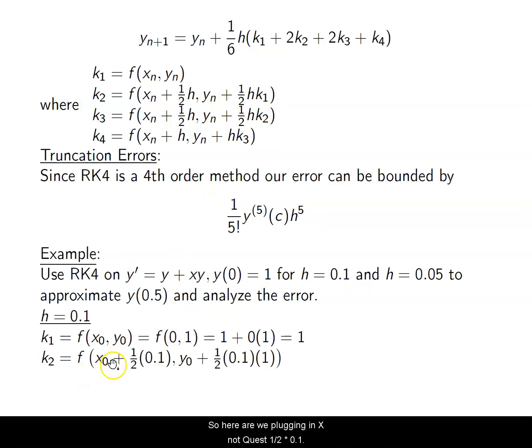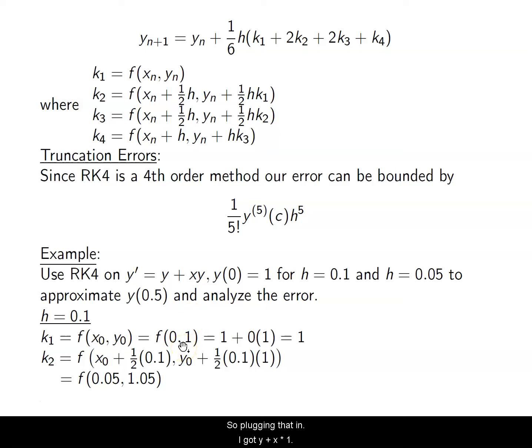So here I'll be plugging in x_0 plus 1/2 times 0.1, and my input for the K2 is my current y_0 plus 1/2 times my h times the output I got for K1, which is easier than just plugging this all the way back into K1 like you saw in the last video. I'll just evaluate it and then plug it in, right? So I can take some more shortcuts here. So basically this means to plug in f of 0.05 and 1.5 into my equation. Remember, this is my f of x function, right?